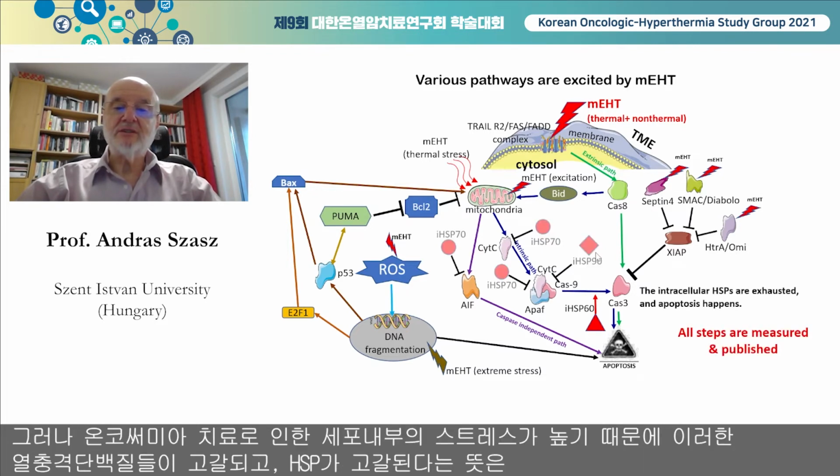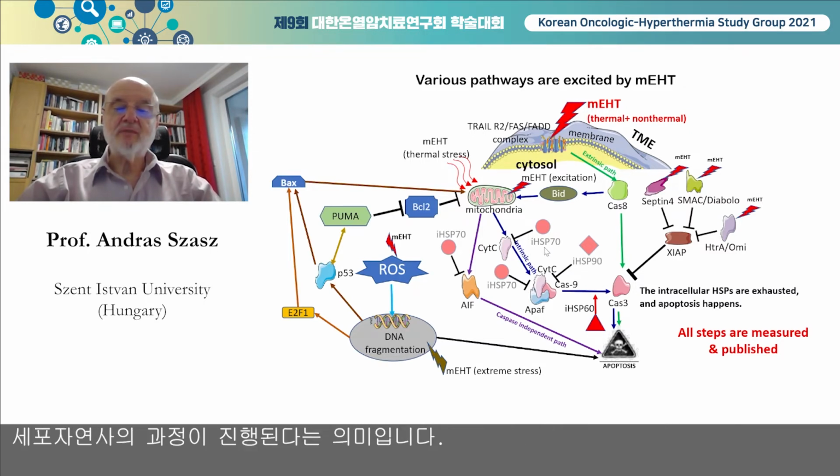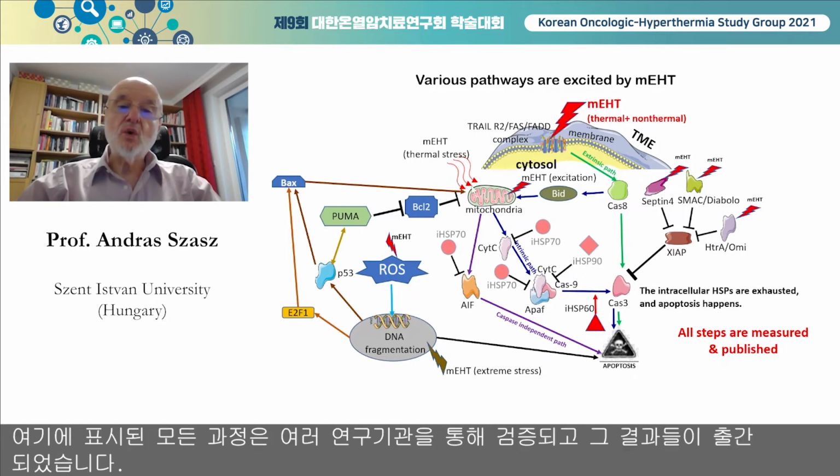But the intracellular stress which we have altogether is so high that the HSPs are exhausted, and this exhaustion means that the apoptosis is going on. All molecular steps which are here are published by different labs in many different publications.